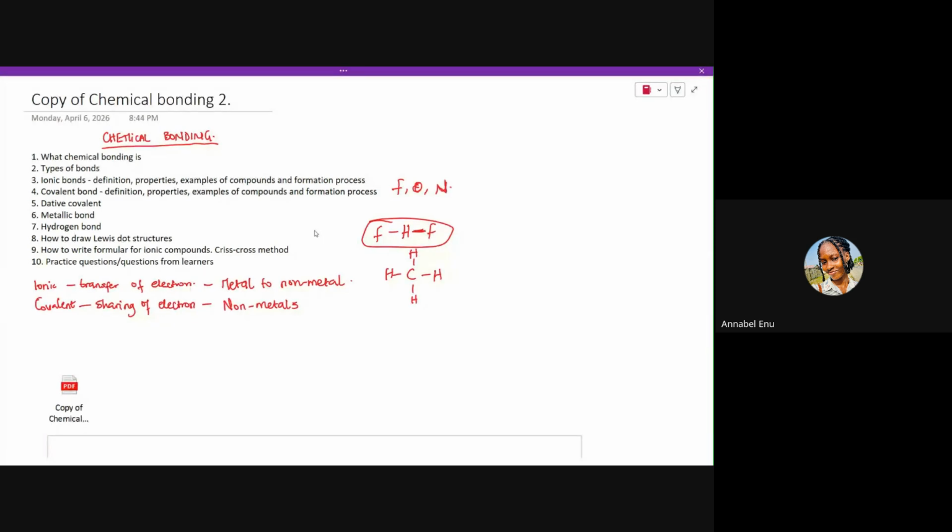It must be directly bonded to fluorine, oxygen, or nitrogen. Now, we also talked about how to write the formula for ionic compounds using the crisscross method. So that's what we talked about today.